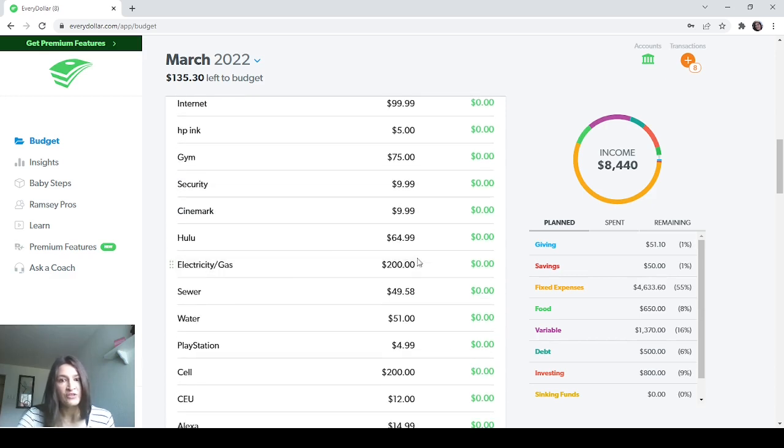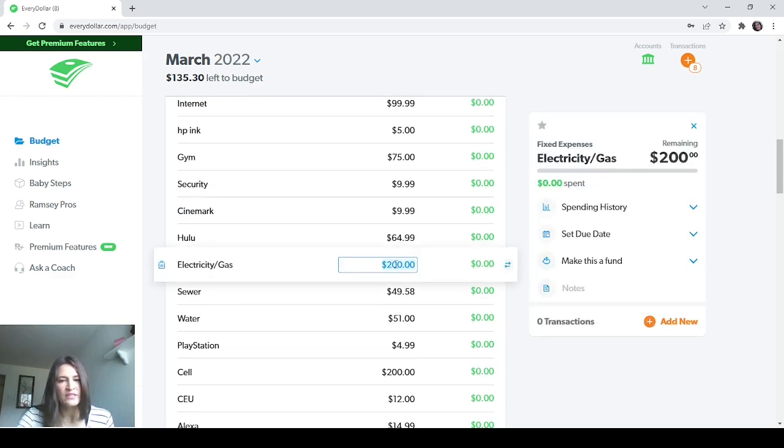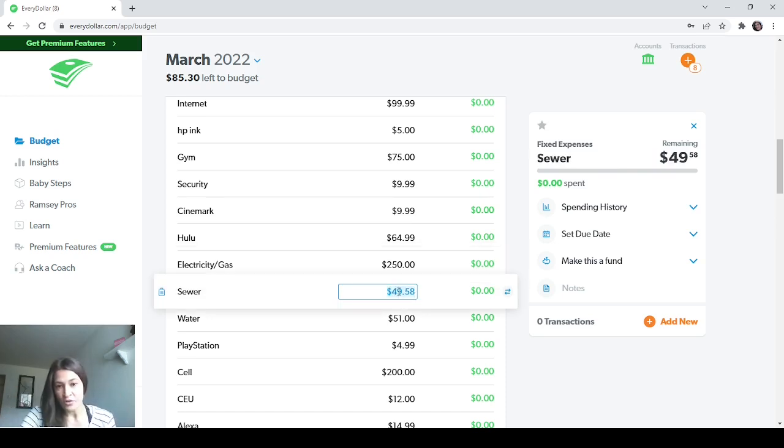Electricity and gas, I'm going to put that as $250 because it had gone up. It's kind of been fluctuating. I'd rather overestimate bills rather than underestimate. Sewer is another one that went up last month. It was $51.